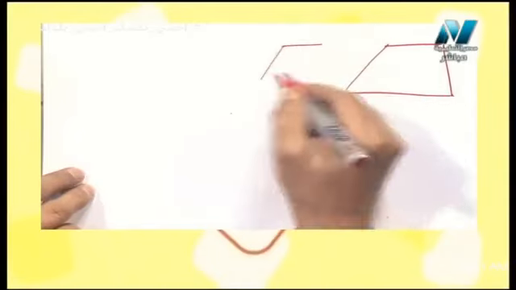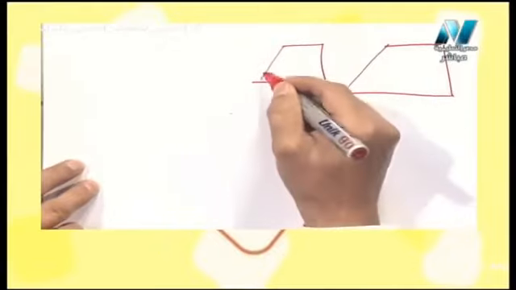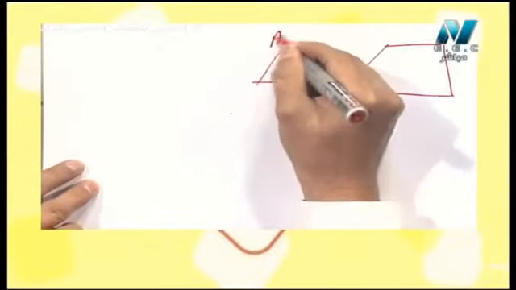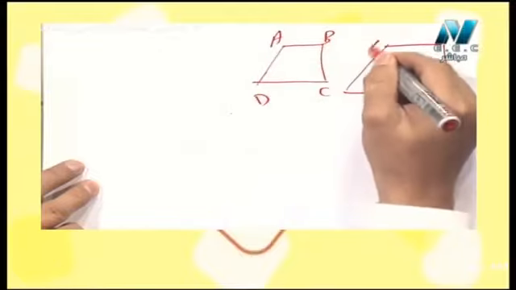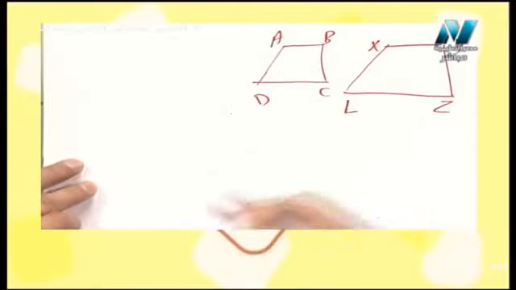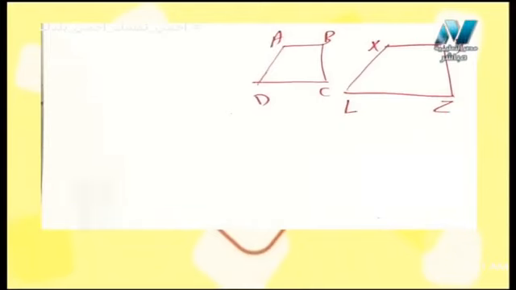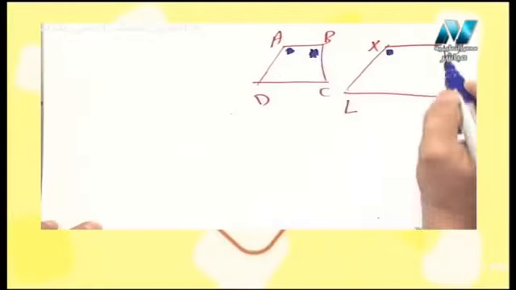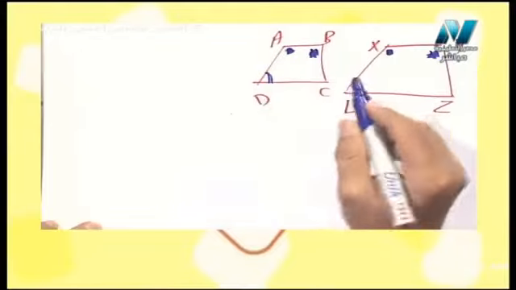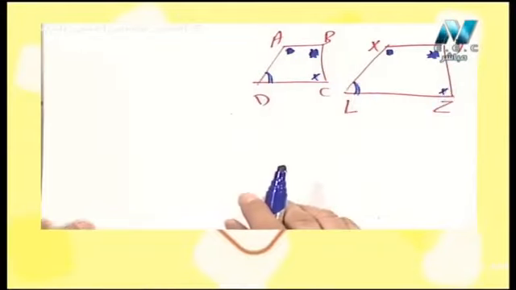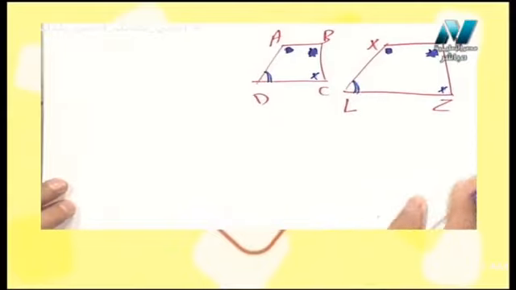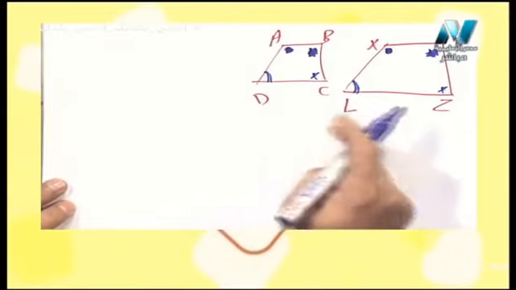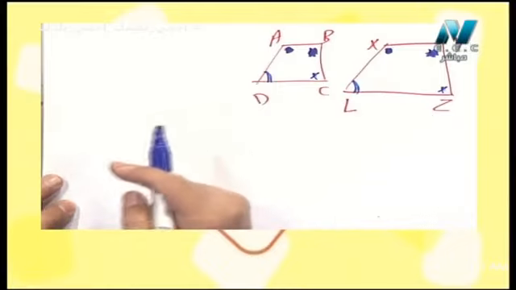If we have this quad ABCD and this quad XYZL, we know that these two polygons are similar because each two corresponding angles are equal in measure, and each two corresponding sides are proportional. We have to write these two quads in an easy method.